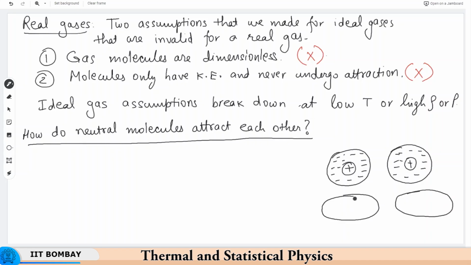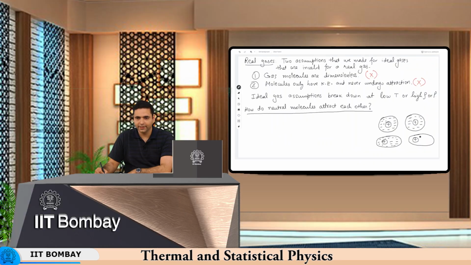Typically what happens is this charge distribution can start getting distorted. This negative charge can start interacting with this positive charge, and as a result the distribution of these charges attains a typical dipole. The center point of these charge distributions can displace, and there can be a temporary dipole formation.